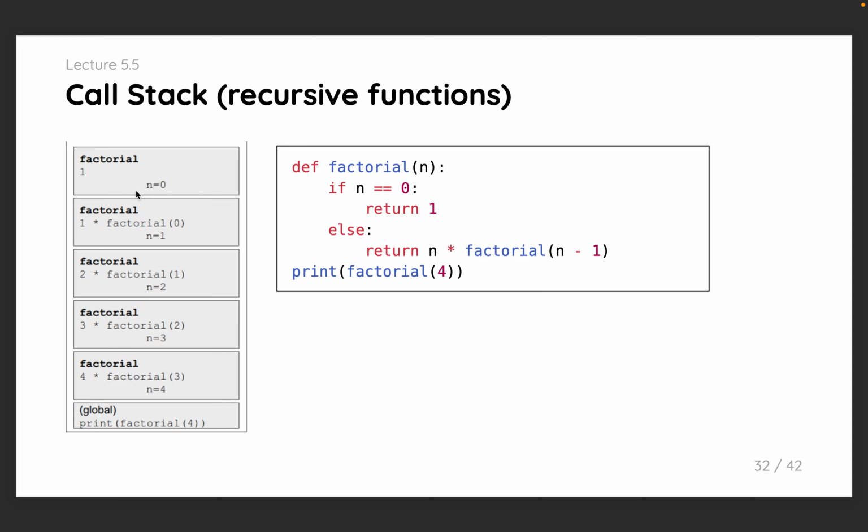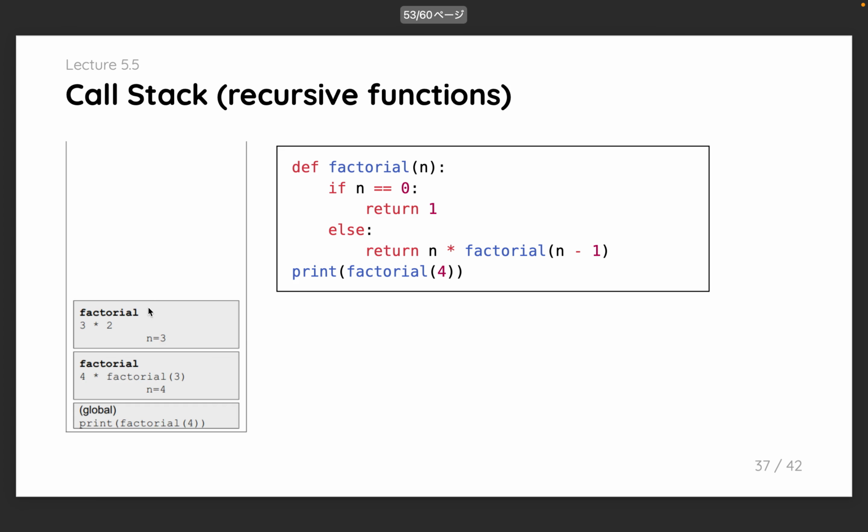So once that is done, we can simplify the rest of the function calls here. 1 times 1, 2 times 1, 3 times 2, then 4 times 3 times 2, or 4 times 6. So after all of that, we end up with 24 over here. So we end up printing the value 24.